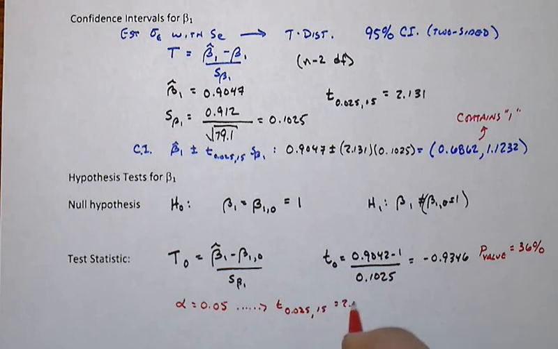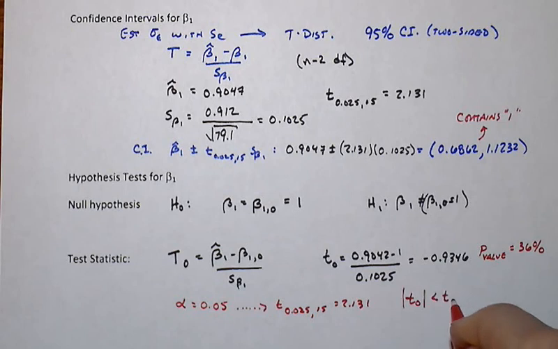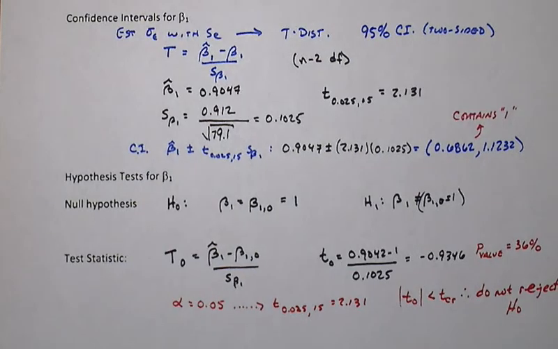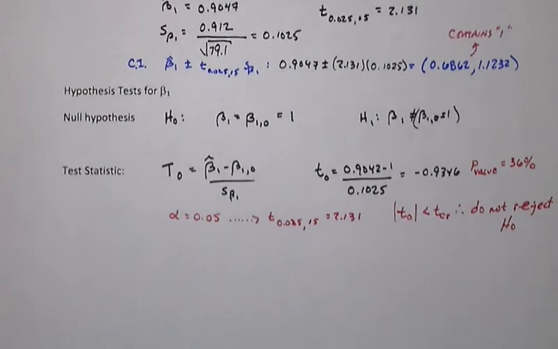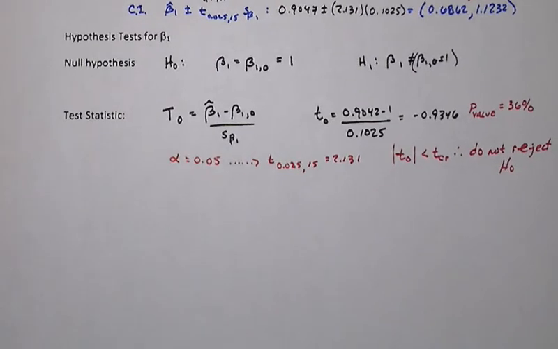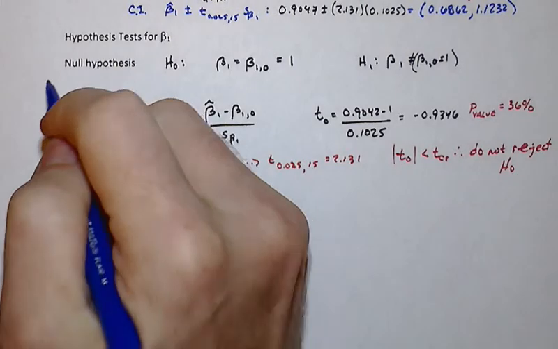We know that's 2.131. So our test statistic, when we look at the absolute value, is less than our t critical value. Therefore, do not reject the null hypothesis. Makes sense. We saw a fairly strongly linear relationship, and the physical interpretation of what's going on in the system says that water in equals water out, no change in the storage of any significance here.